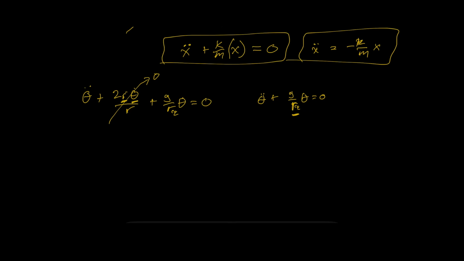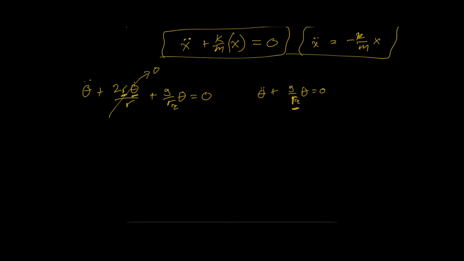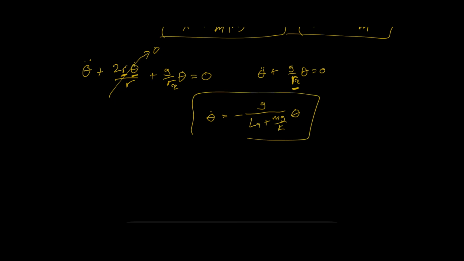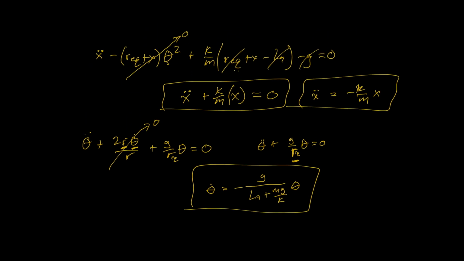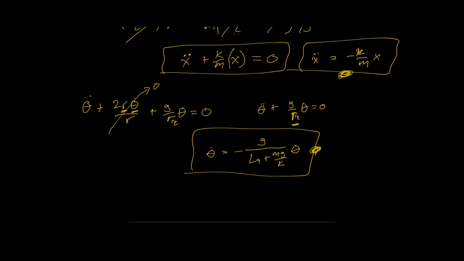And so now, explicitly to write this out, we have theta double dot equals minus g over (LA plus mg over k) theta. Okay, so this is our other equation. And so what does this mean with this equation here and this equation here? When you solve them, you set k over m to be omega squared, or omega equals the square root of k over m.